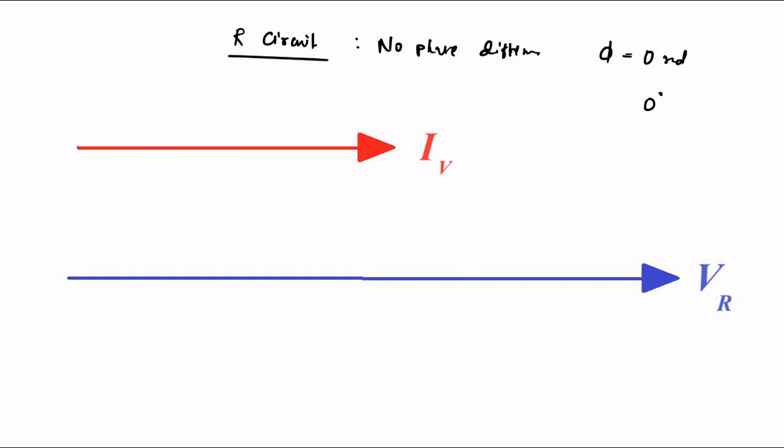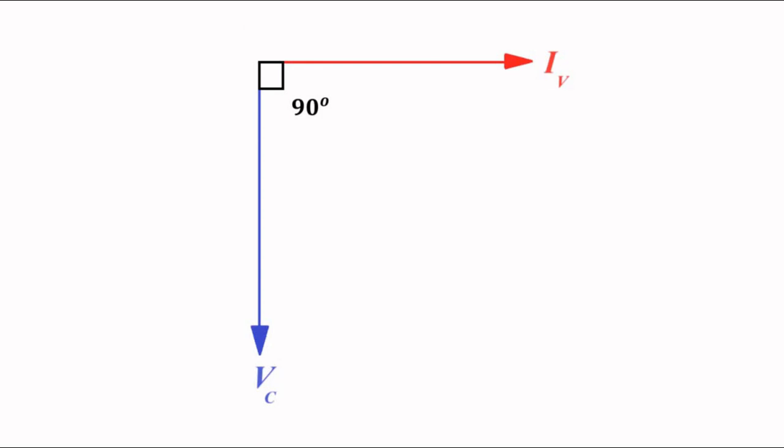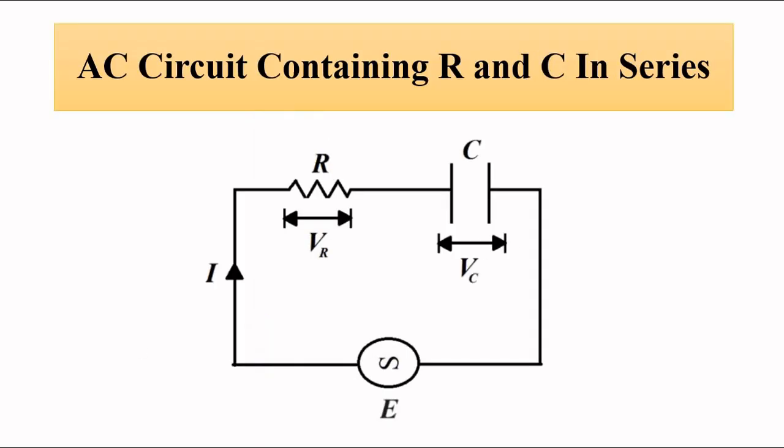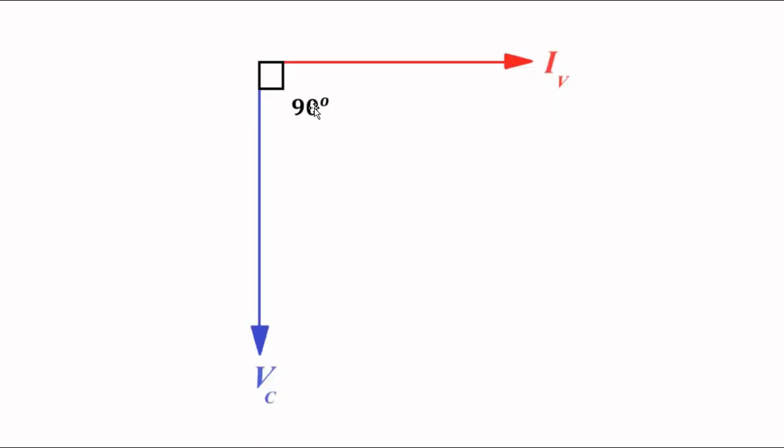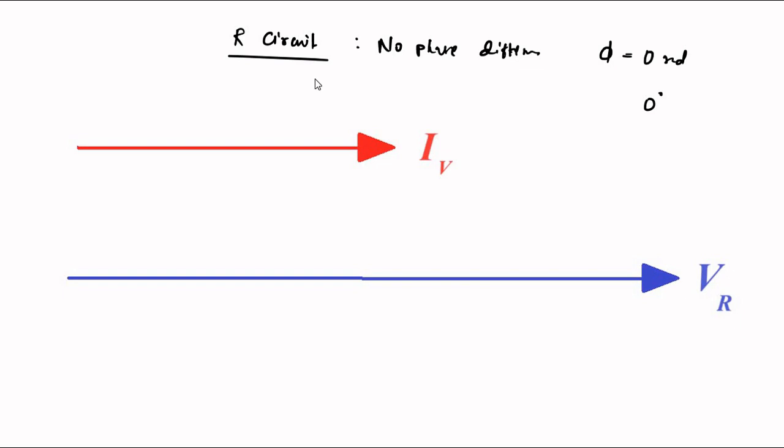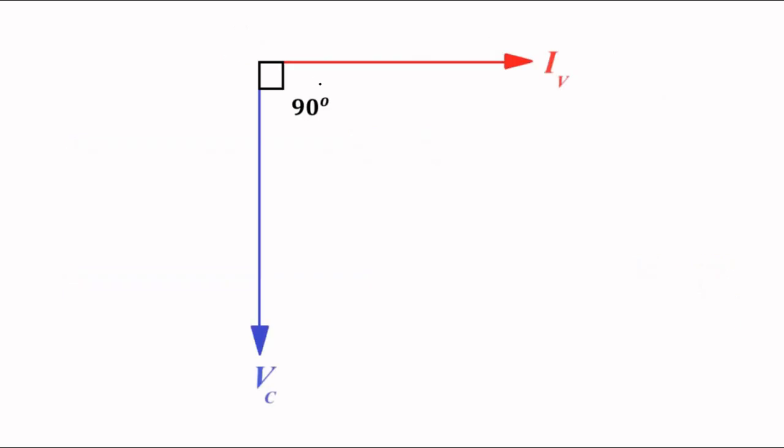For purely capacitive circuits, the voltage drop across the capacitor lags behind the current by 90 degrees. Okay, for purely resistive, 0 degree. For a purely capacitive circuit, the phase difference is minus pi by 2 radian or 90 degrees.